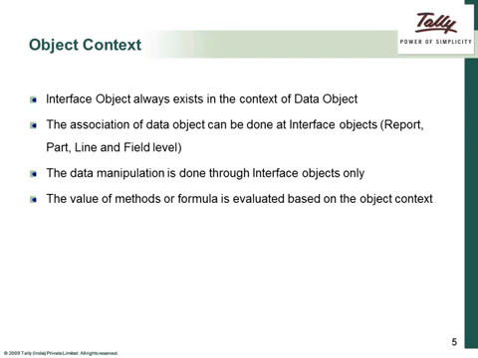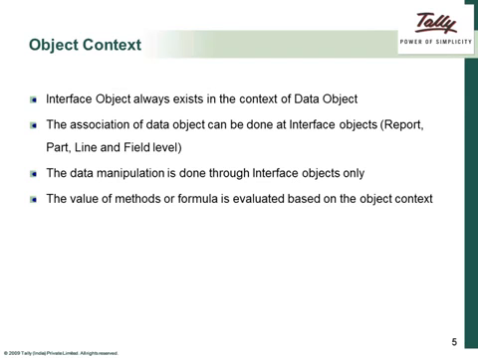Clear? So if I am at a report level and I would like to see some output of a ledger, and the association is done for the stock item, you cannot see something for the ledger. So you have to ensure that whatever connectivities you do are in context of the data object. There are some rules that we understand: interface objects always exist in the context of a data object.